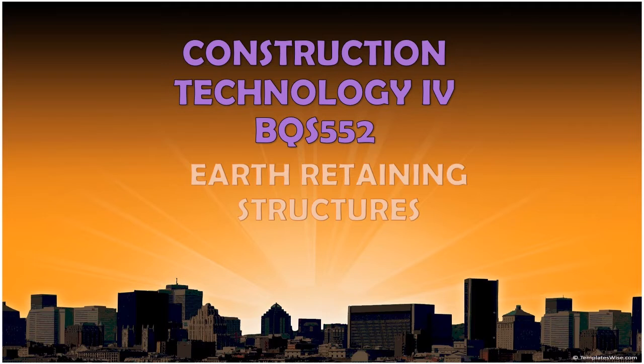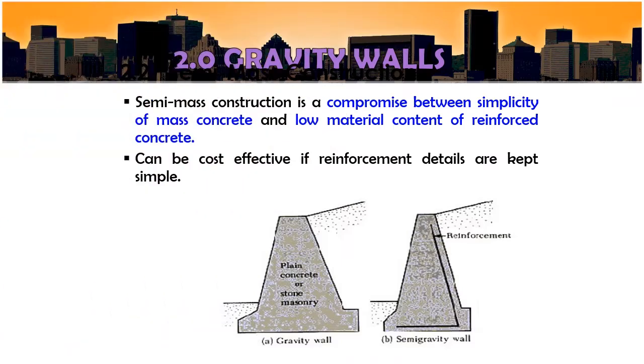For this week, we're going to continue with the semi-mass construction and reinforced construction. Apart from that, we're also going to learn about reinforced soil walls and hybrid walls. Semi-mass construction is a compromise between the simplicity of mass concrete and the low material content of RC.